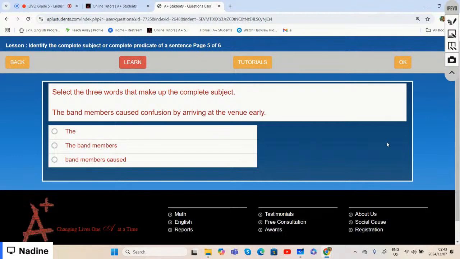The band members caused confusion by arriving at the venue early.